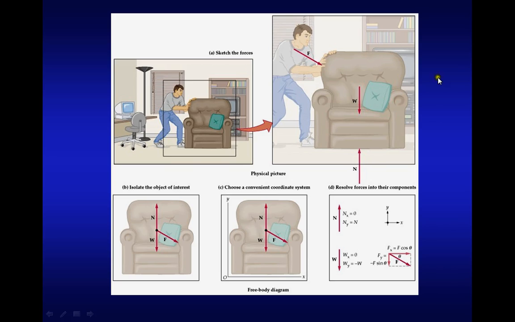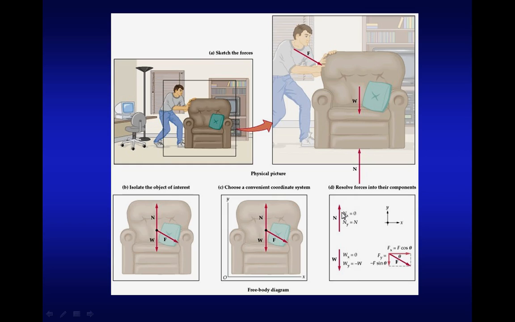Well, in this case, the normal force, that's the force that comes out of the floor acting on the chair in the positive y-axis, is equal to the combined forces of the weight going down as well as the y-axis component of the person's push. So negative F sine theta is this person's push, because part of it's directed down, and then the weight; those are both negative forces, and the normal force has to be equal to the combined two of those.